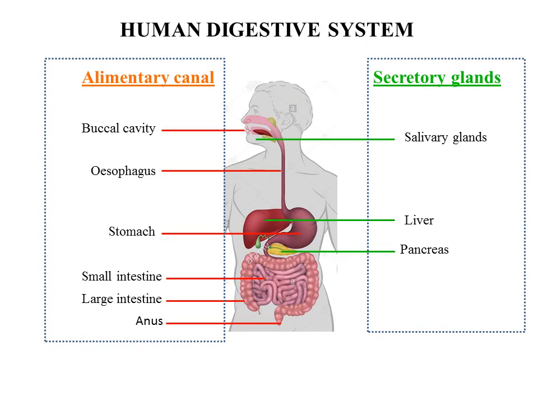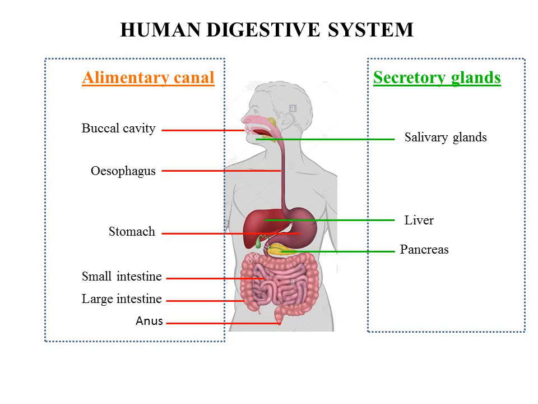Now we come to the most important topic of this chapter, which is the human digestive system. The human digestive system comprises the alimentary canal and secretory glands. Without these two, digestion is impossible.